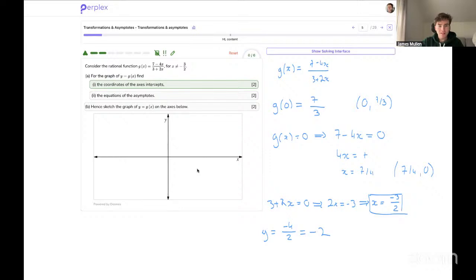So now we want to sketch the graph of y is equal to g of x. So let's put down everything I know. I'm going to have a vertical asymptote here at x equals negative 3 over 2. Then I'm going to have a horizontal asymptote here at y is equal to negative 2. So let's label those. And just for the sake of drawing the sketch a bit better, I'm going to draw the line y is equal to minus 2 here.